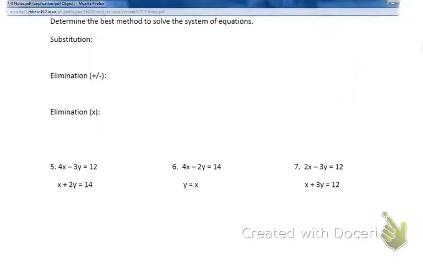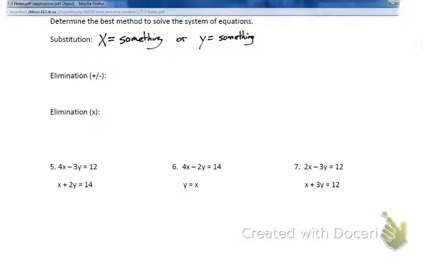So I'm going to give you a little guideline to go by here on when to use what method. The best time to use the substitution method is when you already have an equation that says x equals something, or if it says y equals something. Because again, if you already have x equals something or y equals something, that something, whatever it is, you can use to substitute into the other equation.